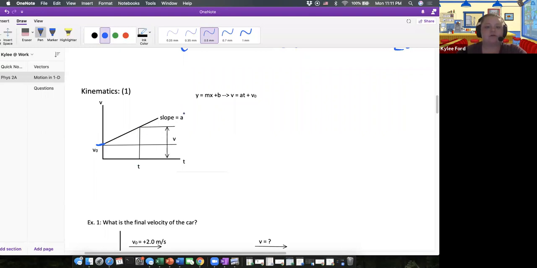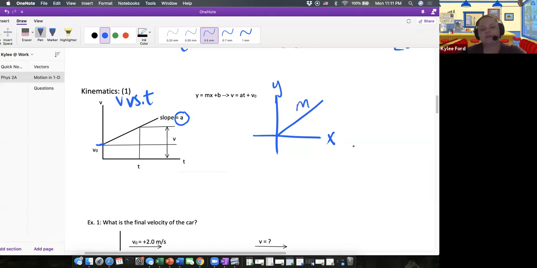Remember that our slope was acceleration when we're looking at our v versus t graphs. Our slope was a. And we want to look at this kind of like how we normally look at graphs. So when we're looking at something like this, where our slope is m, we usually can describe this line with an equation in algebra.